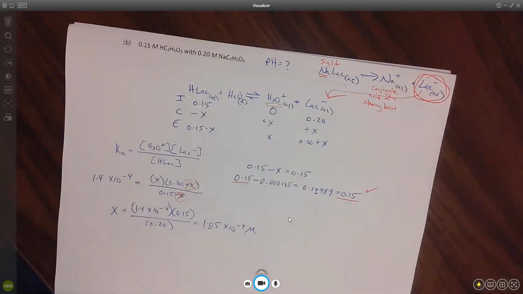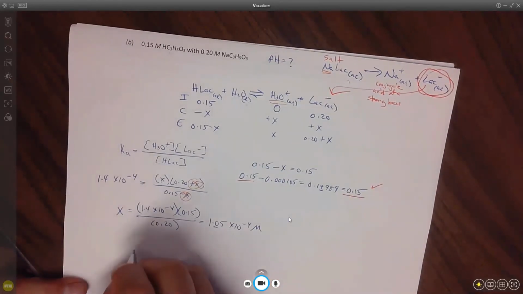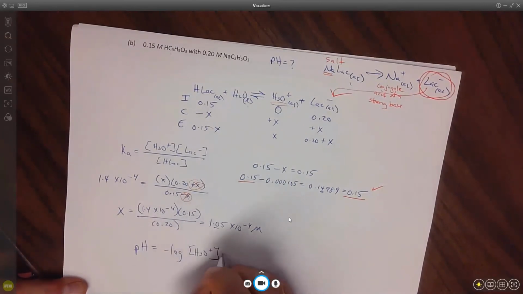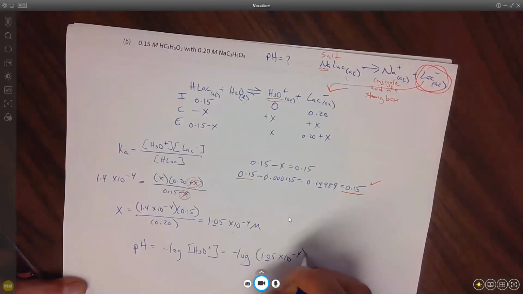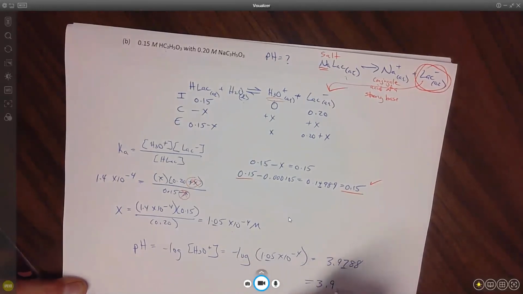Okay, so now we have the equilibrium concentration, which is just the hydronium ion. So the pH again is just the negative log of the hydronium ion concentration at equilibrium. And that would be 3.9788. This is 2 sig figs, so 2 decimal places. So 3.98.